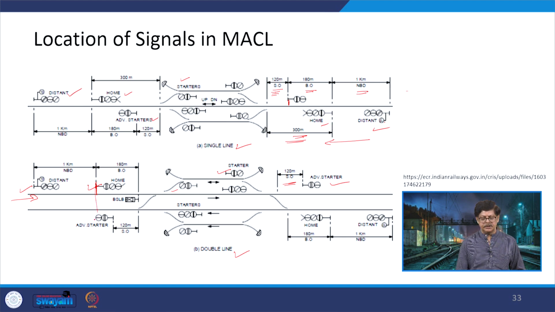So, limits are coming here and 180 meters are being provided with respect to the other conditions. And there can be a board which is provided here, which is a block station limit board. So, BSLB is there. That is another type of indication which is provided on the tracks.